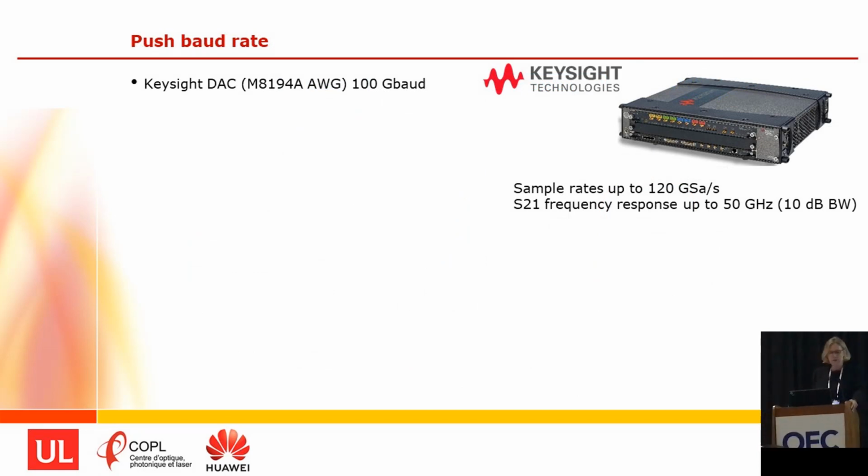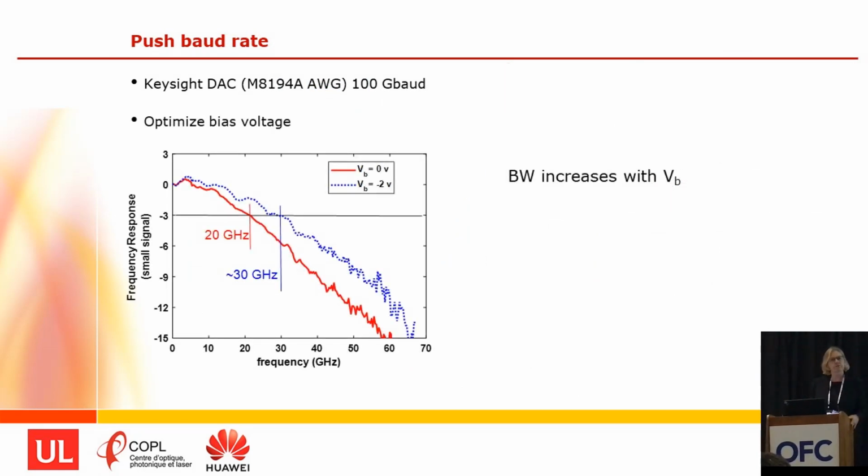And now I have to go to the optimization of the bias point for this new demonstration at 100 gigabaud. Here we have the small signal frequency response at two different choices for the bias voltage. At zero bias, we have 20 gigahertz 3 dB bandwidth, and at 2 volts, we have 30 gigahertz. So clearly, we can increase the bandwidth of our modulator.